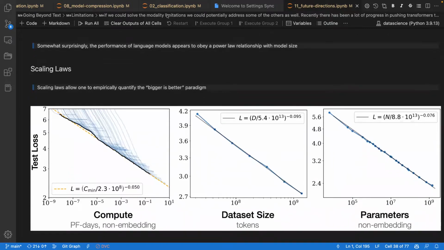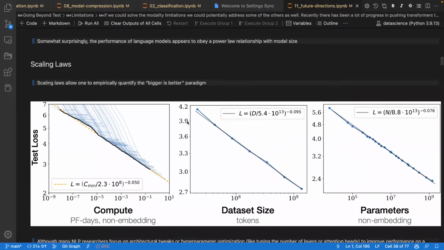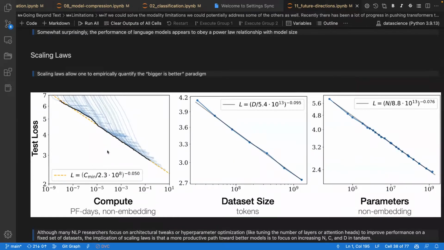They also talk about compute, data set, and parameters. So if we have more compute, or more data set, or more parameters, which one do we need to increase to make our model better?